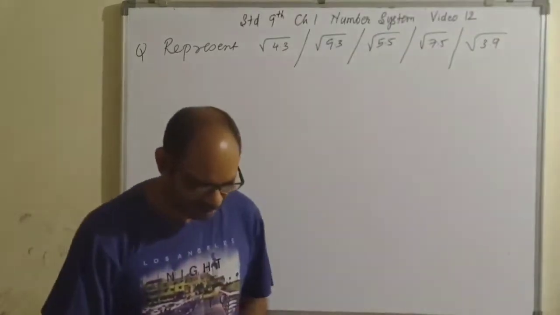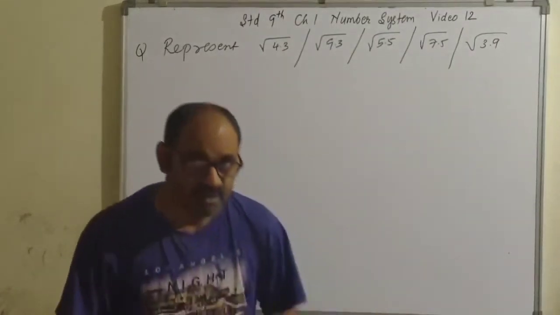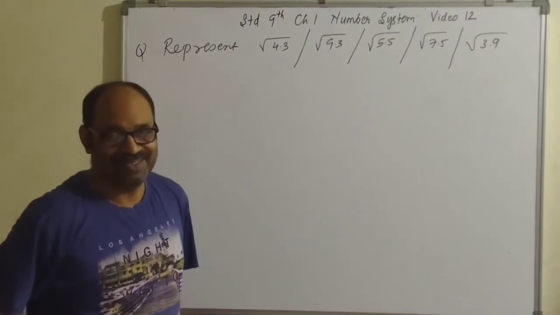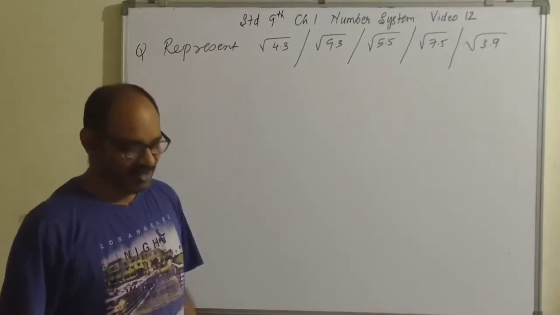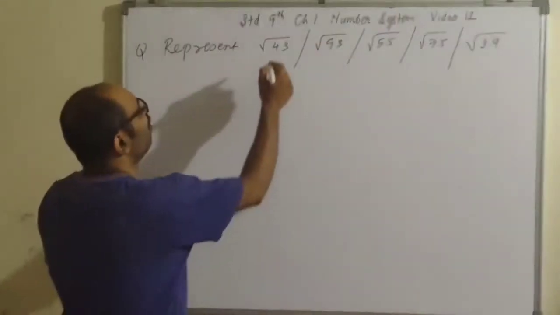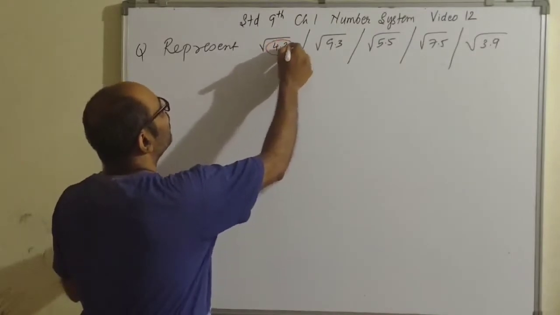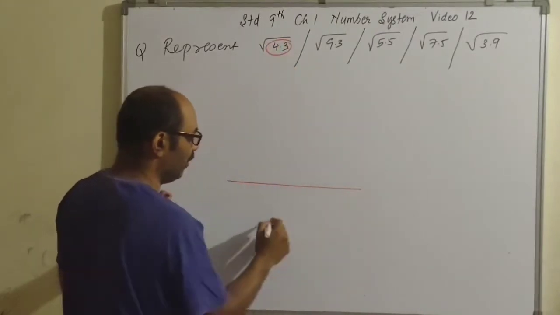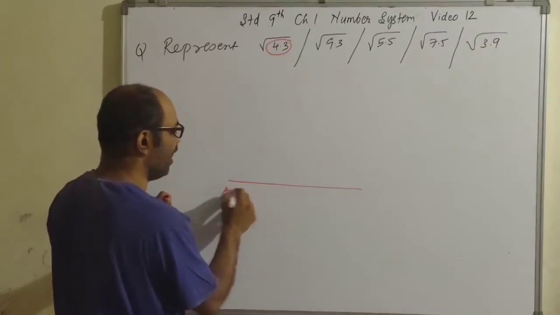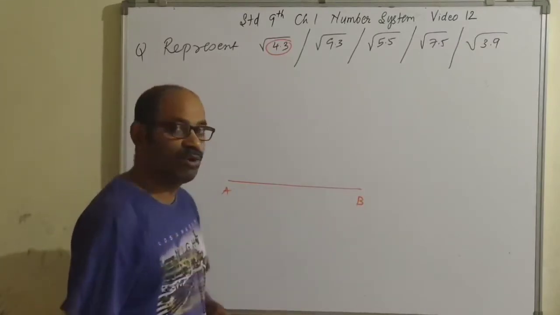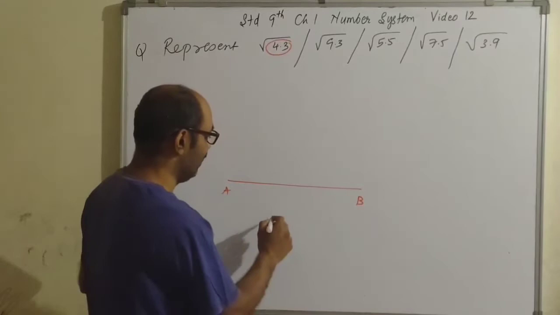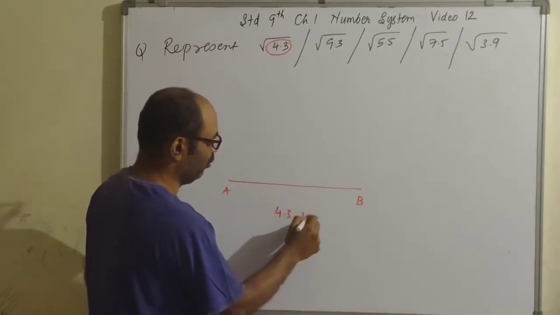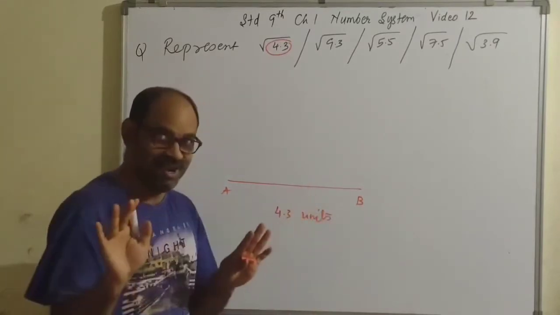Anyone, children, anyone. Okay? How will you represent? Children, first you have to take this length, 4.3 units. Suppose this is A and this is B. First you have to draw a line segment whose length is 4.3 units. Alright, please try to understand.